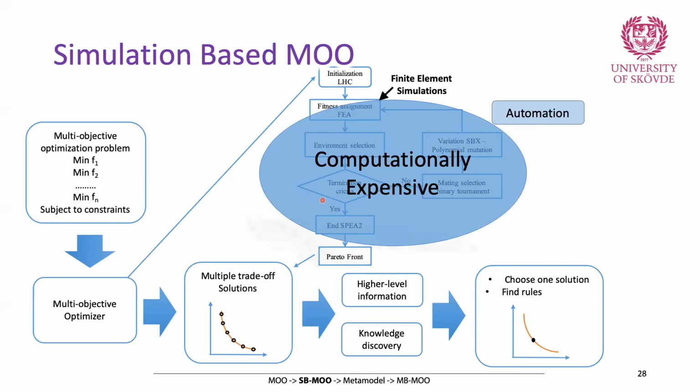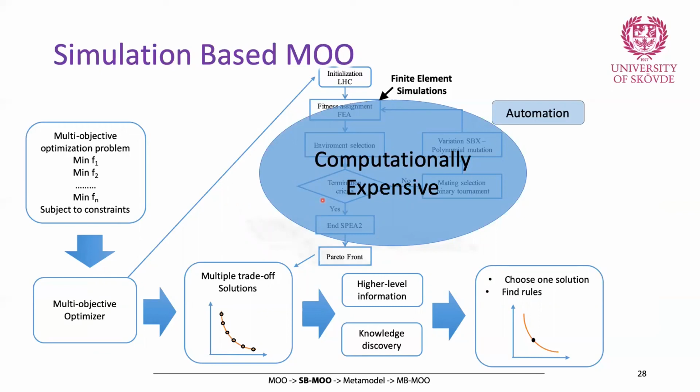If you want to run optimization by finite element simulation, for each generation of optimization, you have to run the finite element simulation. You have to wait for it to finish. You have to analyze the results. You have to extract the results. Then you have to input the results to the next generation. You have to run the simulations, and this will continue.